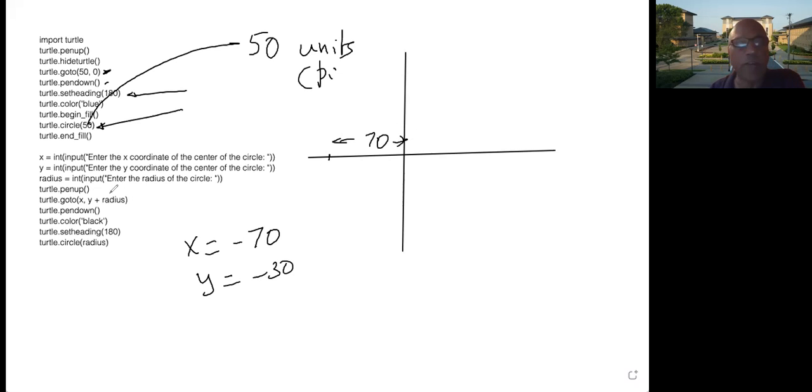And since we have Y equals negative 30, we are saying the Y coordinate of the center is negative 30 here. This is X equals. So the center will be here. And let us say we have a radius of 20.